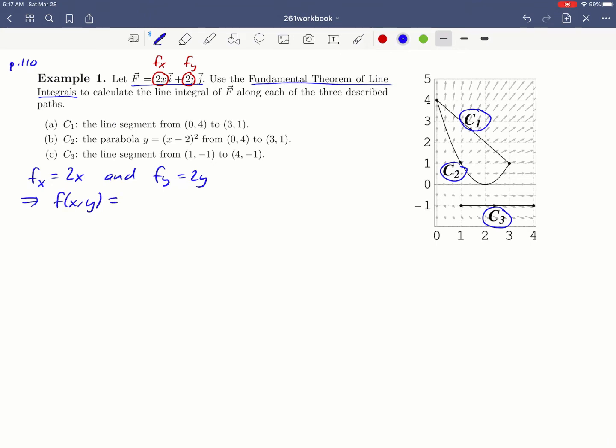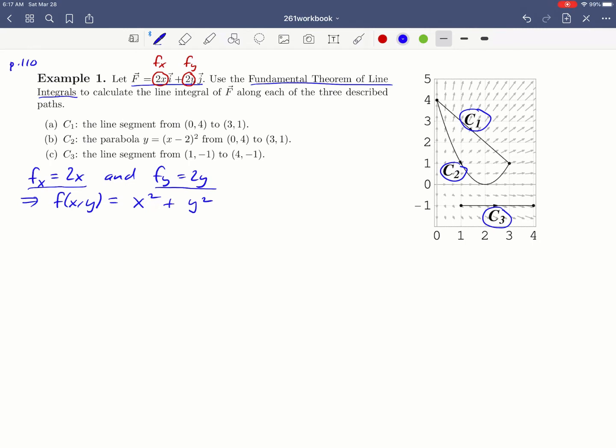Well, we need a function whose derivative with respect to x is 2x. That means we're going to need an x squared, because if we take the derivative of x squared, we get 2x. And to get a partial derivative with respect to y of 2y, we need a y squared. Take the derivative of y squared, you're going to get the 2y.